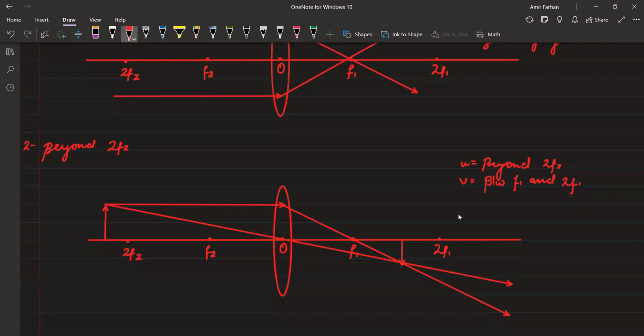And next would be nature. Nature is real and inverted. And what will be the size? Size will be diminished now because the image is smaller than the object.